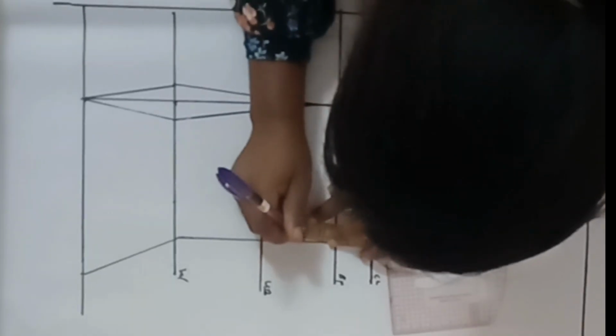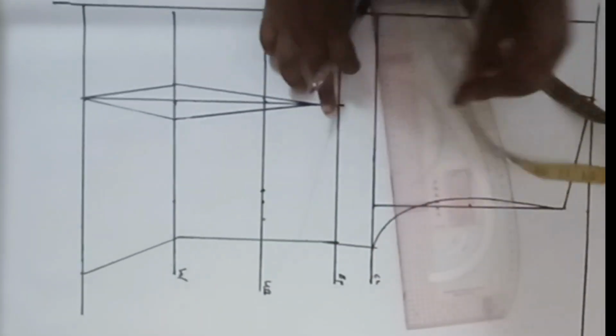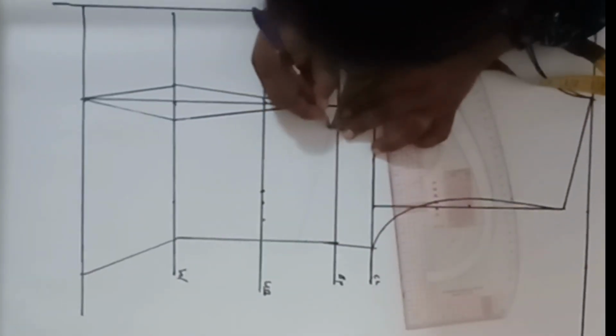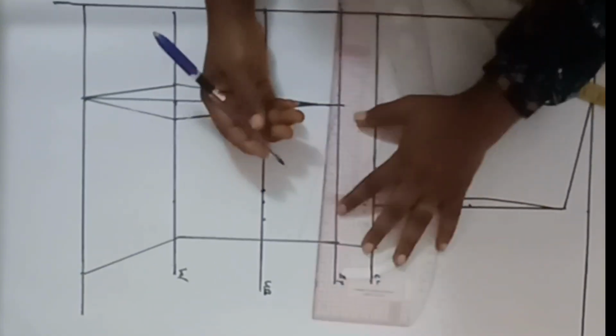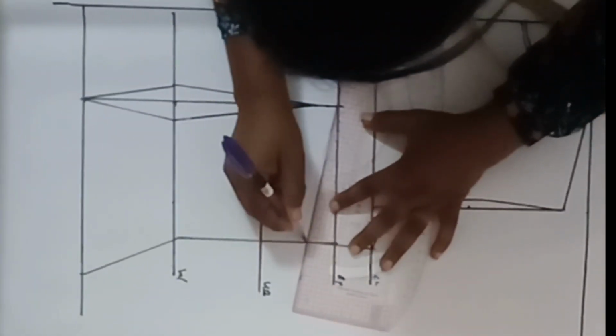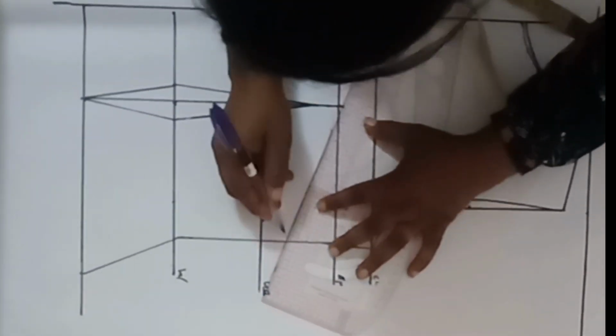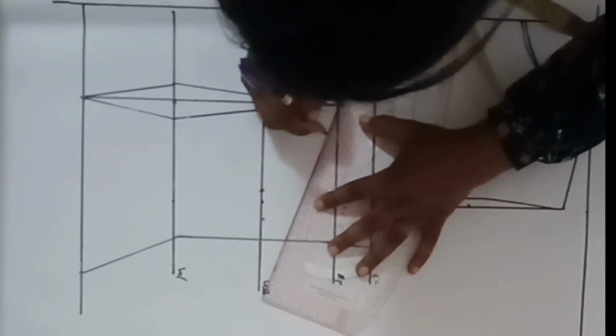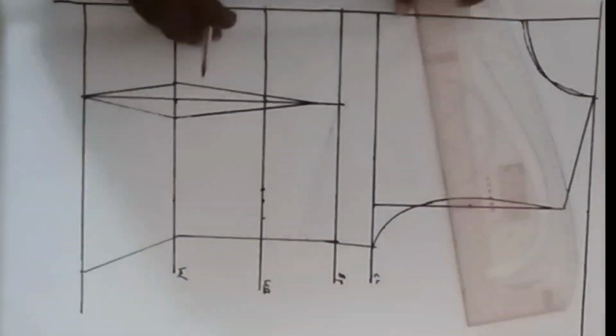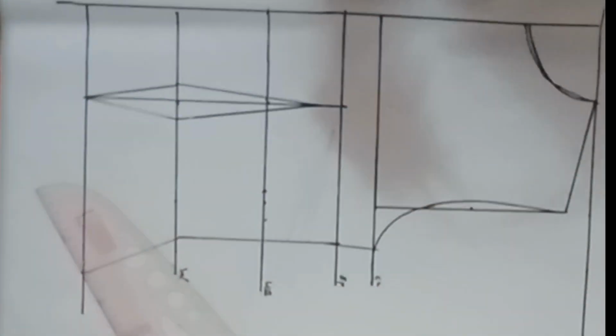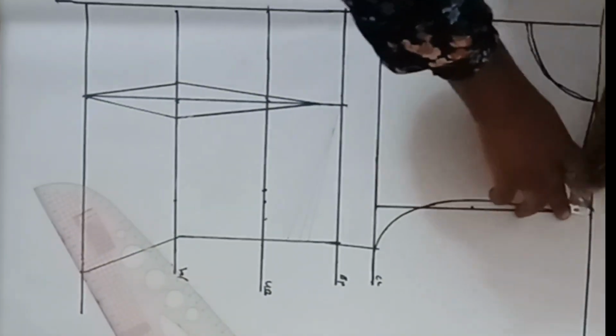I'm using a pen because I'm not really using my bust dart. I'm also going out by 1 inch like we did for our waist dart. So you connect it like so.